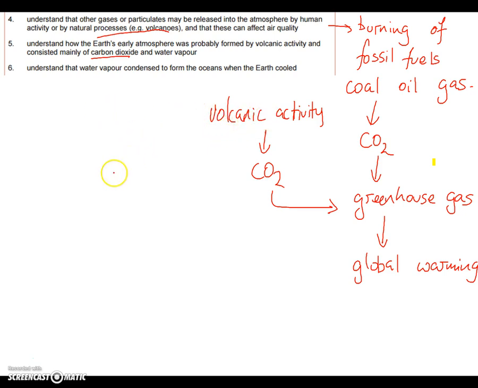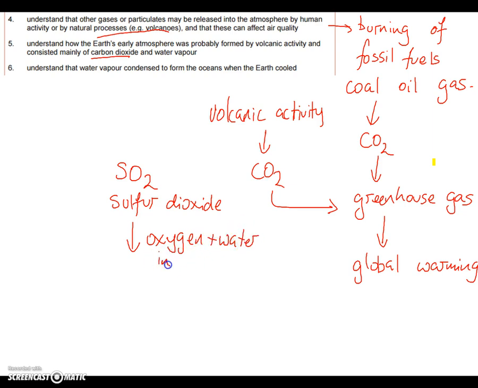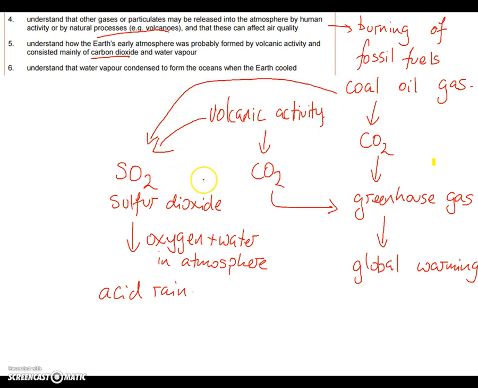The other main gas which is given out is SO2, or sulfur dioxide, and when that interacts with oxygen in the air and water in the atmosphere, that can lead to acid rain. Okay, so volcanic activity can release sulfur dioxide, and burning of fossil fuels can also lead to the release of sulfur dioxide.